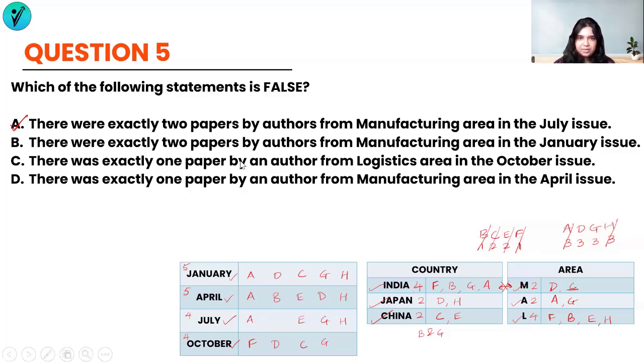Exactly 1 paper by logistics in October. F is there. B, E, H are not there, which is correct. This is also a true statement. There was exactly one paper by manufacturing in April. A and G may say there was one person. This is also true. So A is the correct answer. That is a false statement.